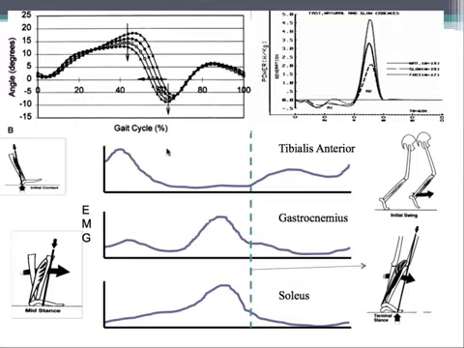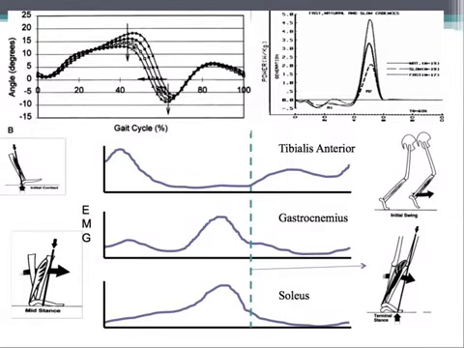And so essentially the mechanics and the EMG both support the idea that this tibial advancement, reflected here in the gradual increase in dorsiflexion that occurs across the stance phase and identified by the power graph as an eccentric contraction, is primarily the role of the soleus muscle.